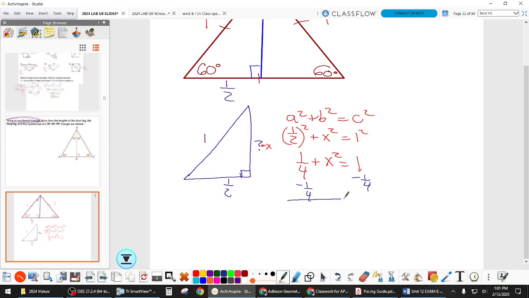What is 1 minus 1/4? 3/4. Good. How do we get rid of squared? Okay. And then just as a reminder, square rooting a fraction, you can split it and square root the top and bottom separately. Okay? So how big is x?